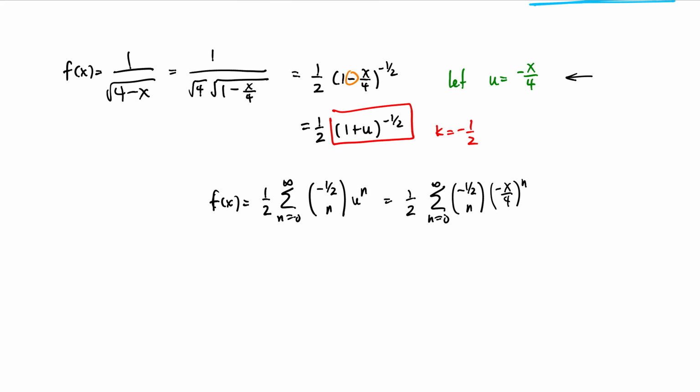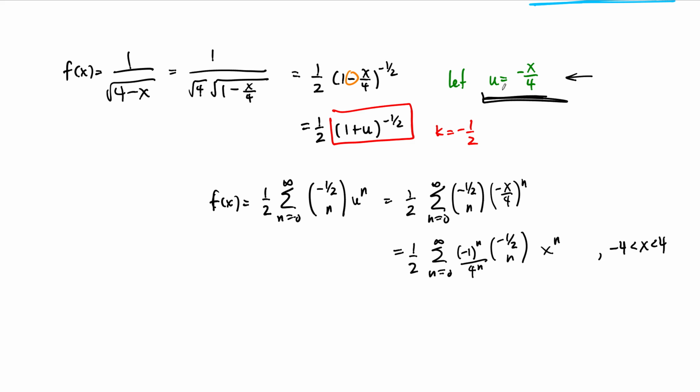This can be rewritten as 1/2 sum n from 0 to infinity, the -1 to the n can come over here, we have this -1/2 choose n, 4 to the n can also come way over here, and then we have x to the n. This one converges for x between -4 and 4. I'll let you work out the details, but it's because u has to be between -1 and 1.